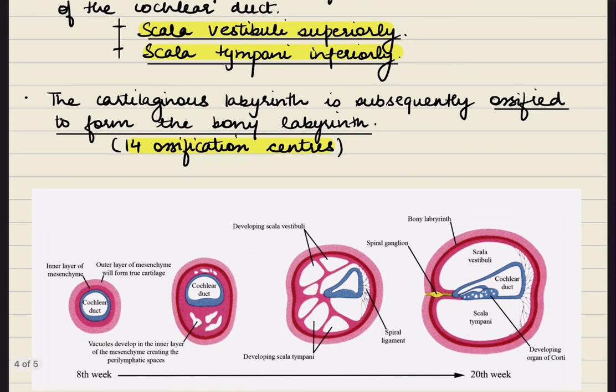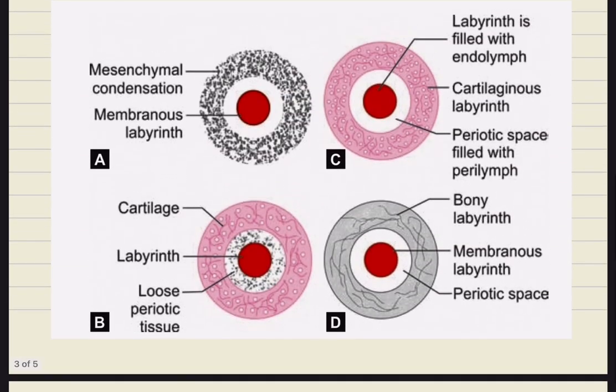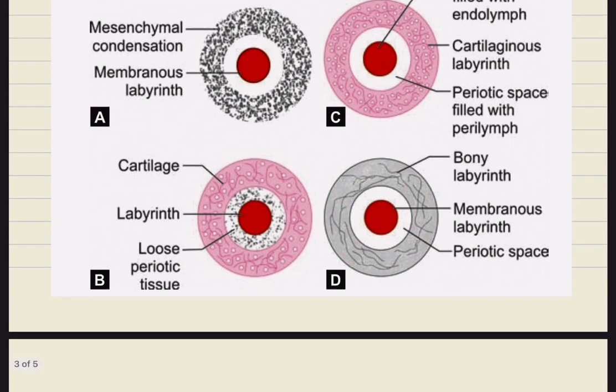The cochlear duct forms the central compartment of the adult cochlea, scala vestibuli being the superior compartment and scala tympani being the inferior compartment. So, the membranous labyrinth is filled with endolymph, and this periotic space is filled with perilymph. And with progress of time, the cartilaginous part gets ossified to form the bony labyrinth by 14 ossification centers.